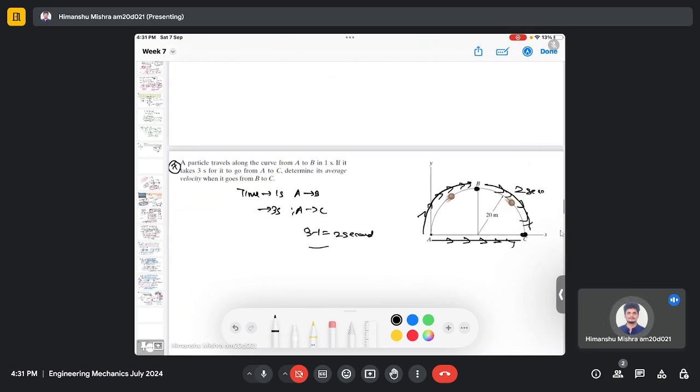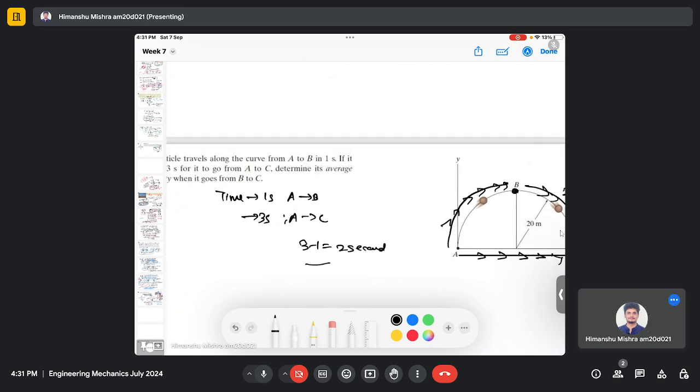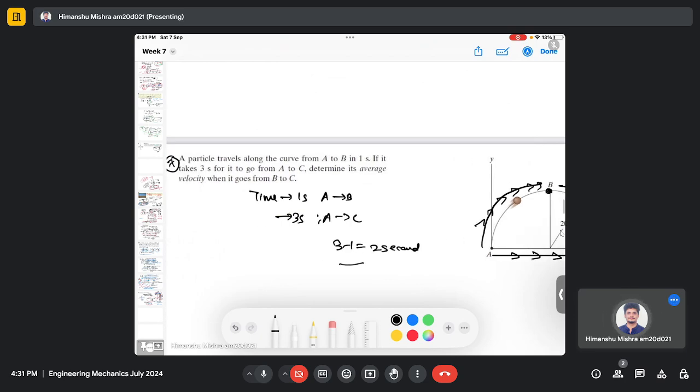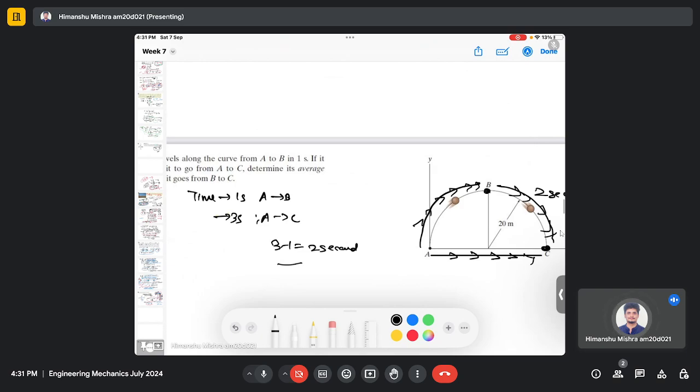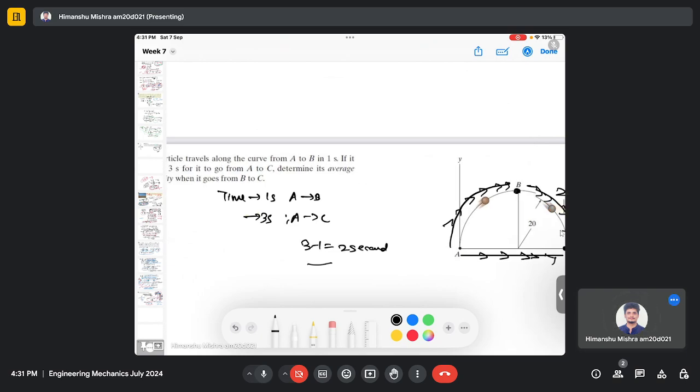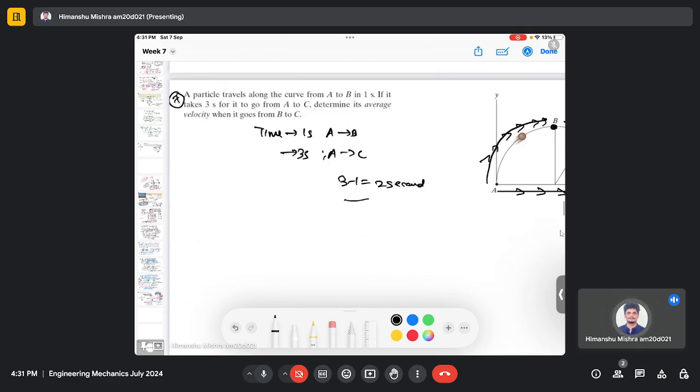It's a very general statement. Now we need to find the average velocity when it goes from B to C. To find the average velocity, we need to define the displacement or the position vector.